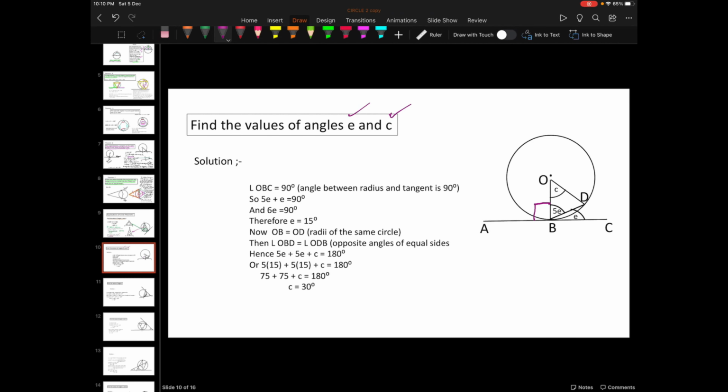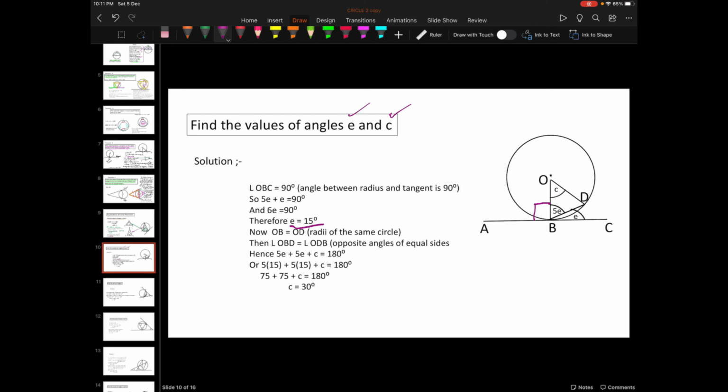Therefore, 5e plus e is equal to 90 degree and 6e is equal to 90 degree. Divide both sides by 6. Therefore, e is equal to 15 degree.